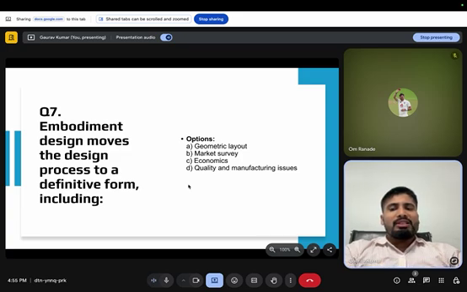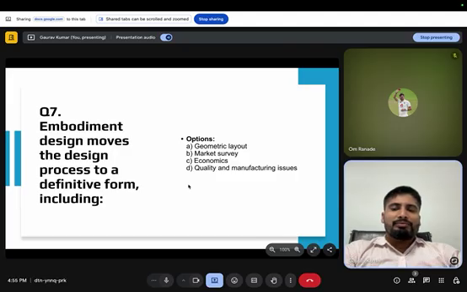So this stage demands detailed synthesis of technical data with cost constraints and production methods. Okay, so designers must optimize form and material choice while maintaining compliance with safety and performance standards.